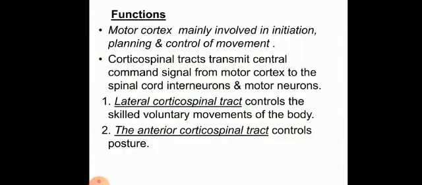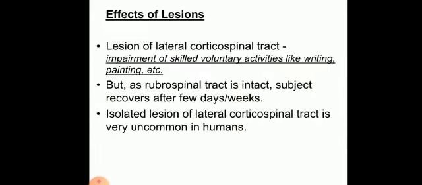Exactly which part of the spinal cord? The interneurons of the spinal cord, and also the motor neurons. Now, the lateral corticospinal tract controls the skilled voluntary movements of the body, and the anterior corticospinal tract controls posture. So that's about the functions of both the lateral corticospinal tract and the anterior corticospinal tract.